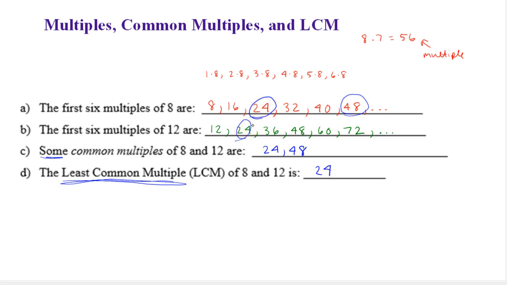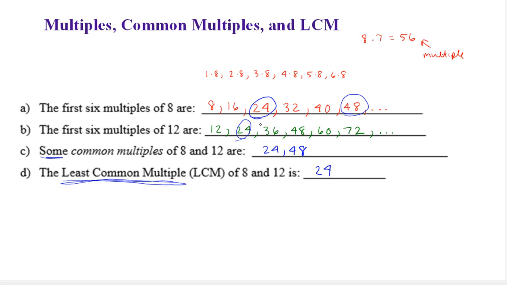And again, like I mentioned with greatest common factor, lots of times you see the word least and you think you're finding numbers smaller than 8 and 12. Sometimes people confuse greatest common factor with least common multiple. But it's the smallest of a list that goes on forever, and that's why you want the smallest number. There is no greatest common multiple.